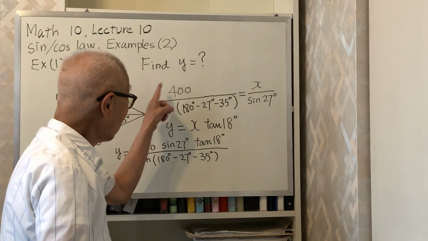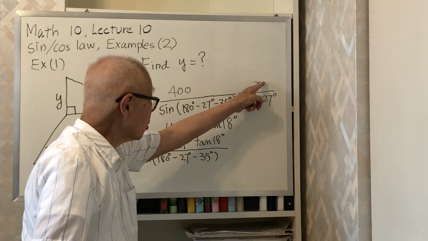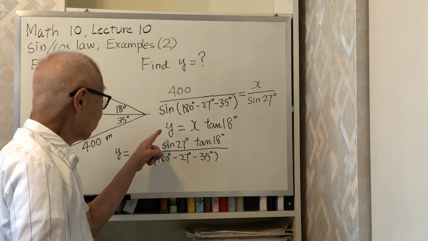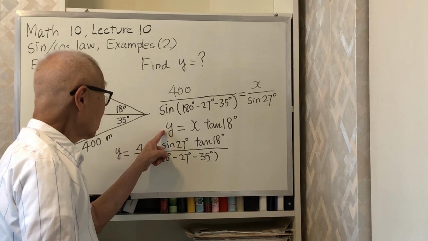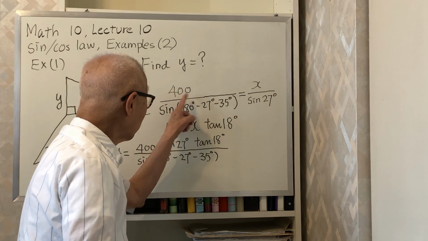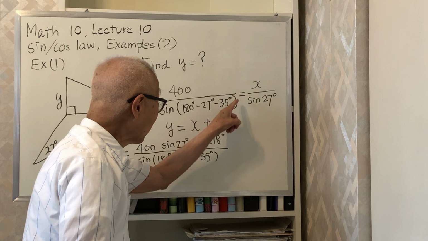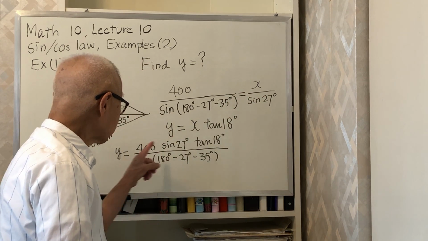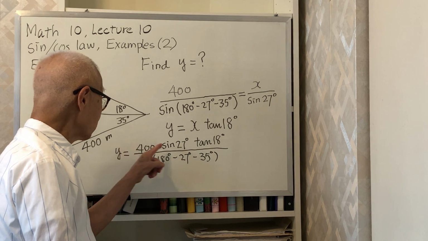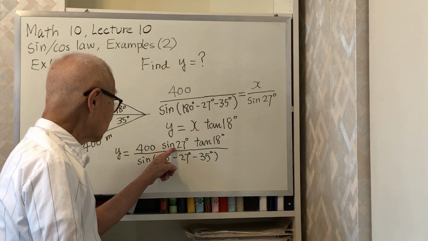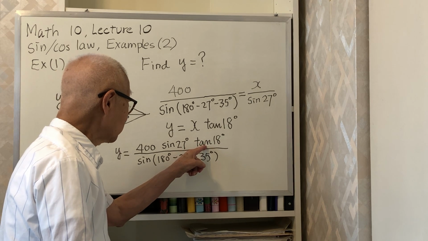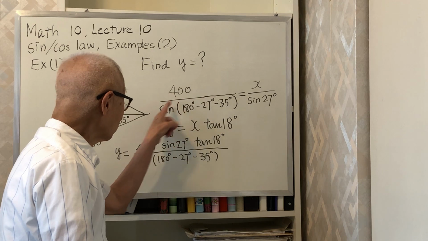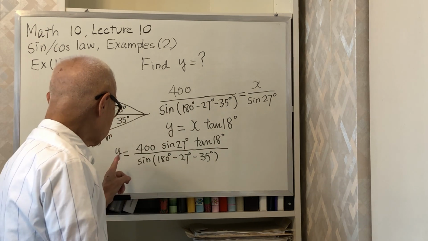This is the sine law. Find x, put x into here, you can find y. So x is 400 times sine 27, and then you multiply by tangent 18. Then you divide by this part. So this gives you y.